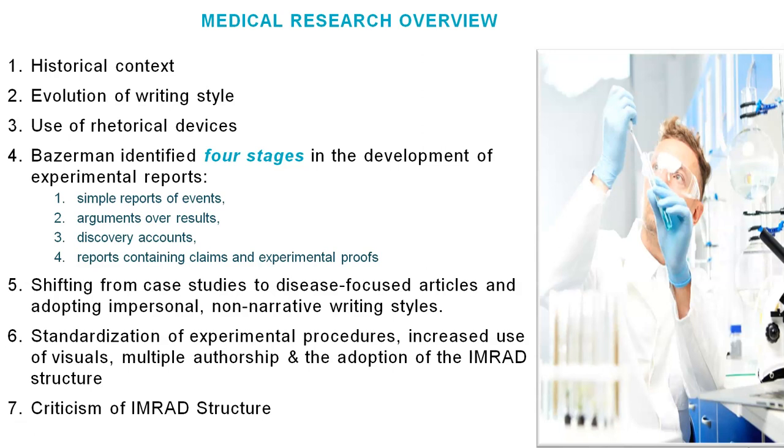And they published their first article in the year 1665 in a journal called Philosophical Transactions. And then we see that they were using rhetorical devices such as hedging and making sure that they use active voice in their writing.